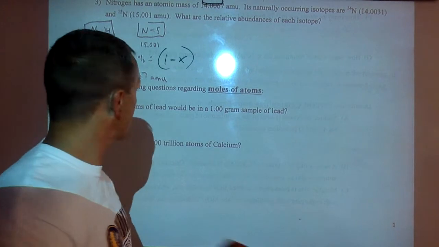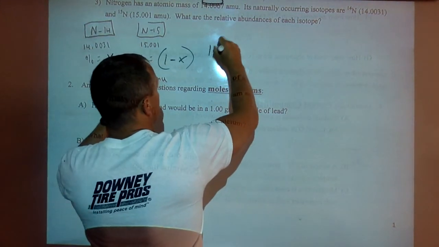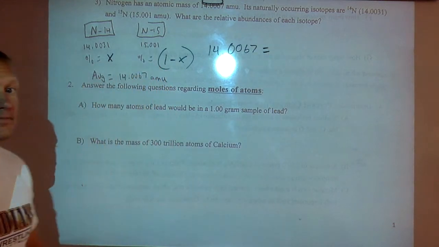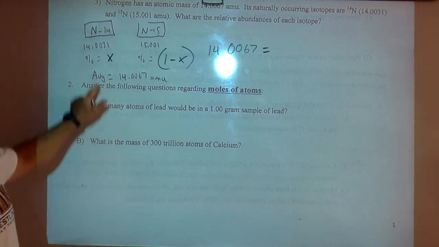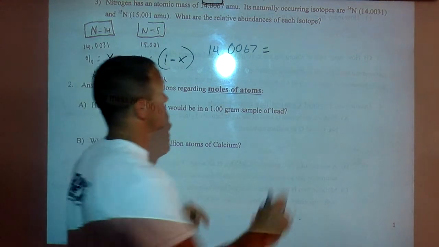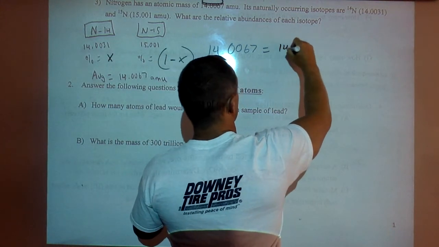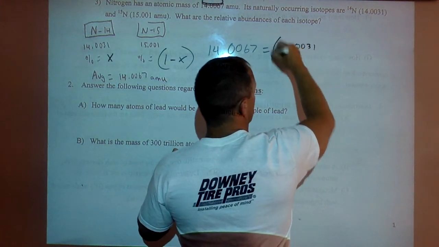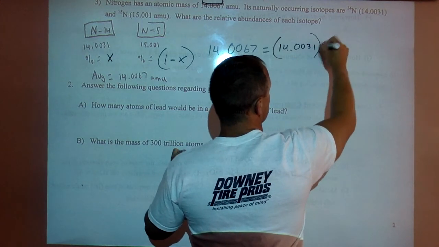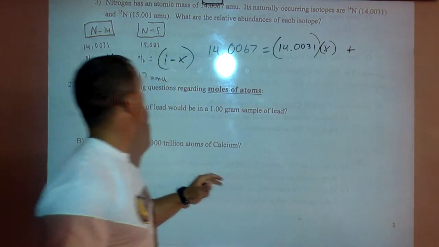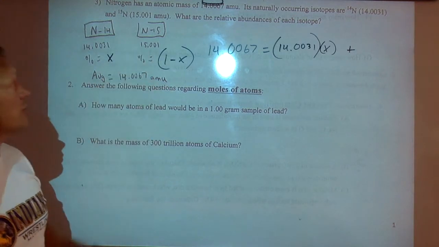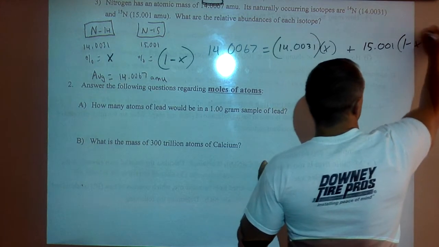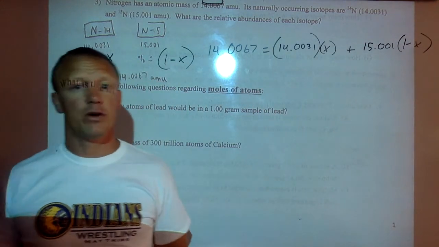So our average is 14.0067. Average equals this percent, X, times that mass, 14.0031, X, plus this percent times that mass, 15.001, times 1 minus X. Now we do have to do some algebra here.